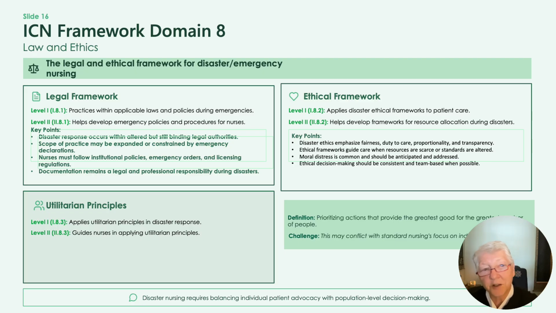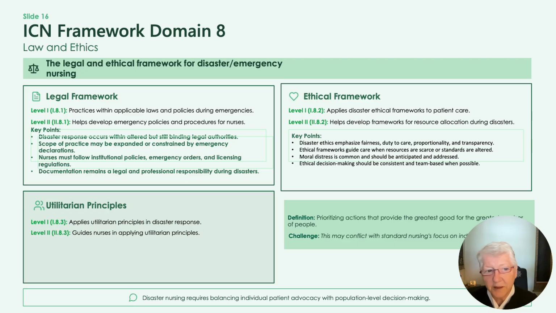This approach can conflict with traditional nurses' focus on individual patient advocacy. Disaster nursing requires balancing the individual needs with the population level decision making. So let's talk a little bit about utilitarian principles.